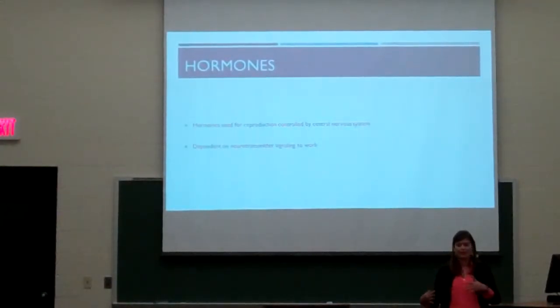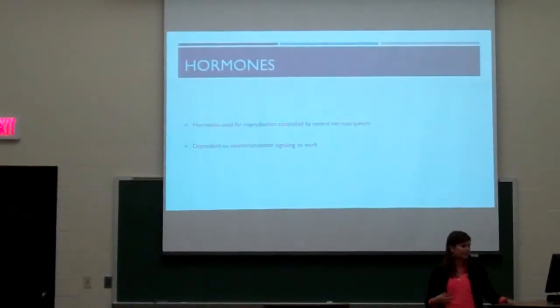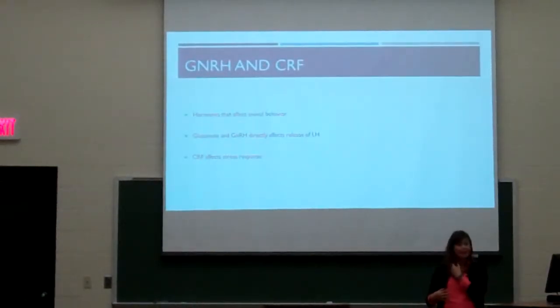The signal is sent and the neurotransmitter can go to the target organ and release a hormone, and that hormone can release another hormone, or it can immediately affect the reproduction.